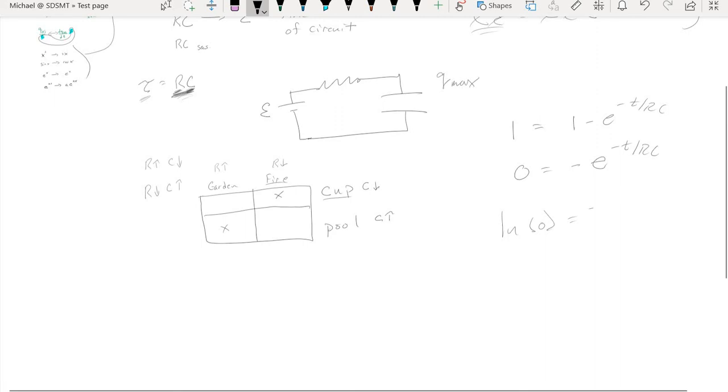The reason I want natural log is because natural log and e are natural enemies, and they will eliminate each other. And so now we have natural log of 0 equals negative, negative, which is positive, and then we could multiply RC over. Except if you try plugging in natural log of 0, you're going to get undefined.